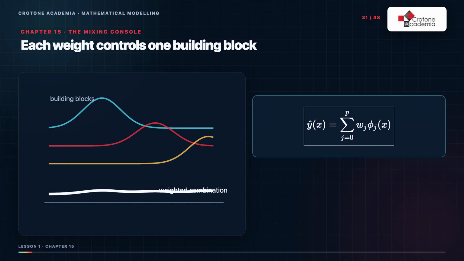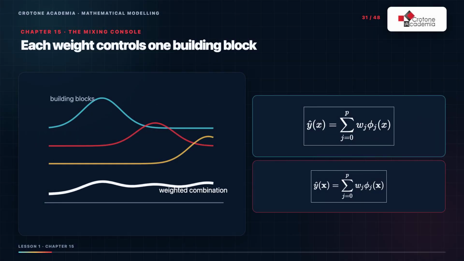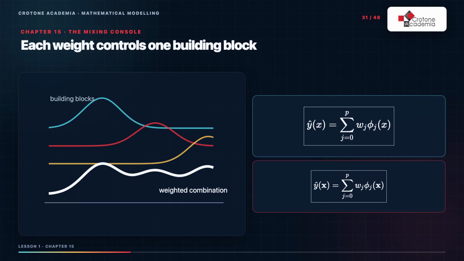Imagine each basis function as one channel on a mixing console. Phi sub j creates a particular shape. The weight W sub j raises, lowers, or reverses that channel's contribution. Adding the weighted channels produces the final prediction.